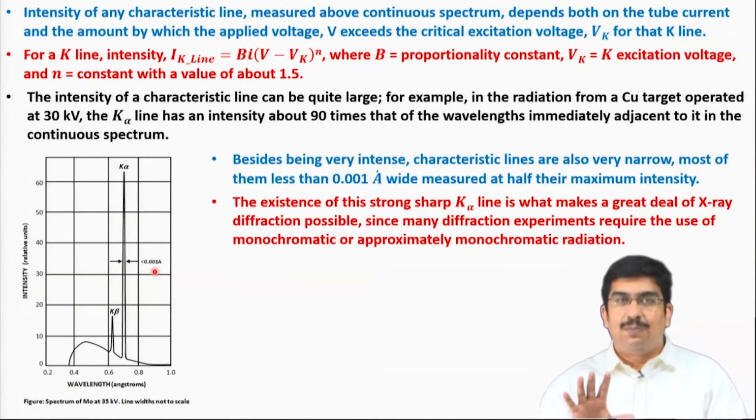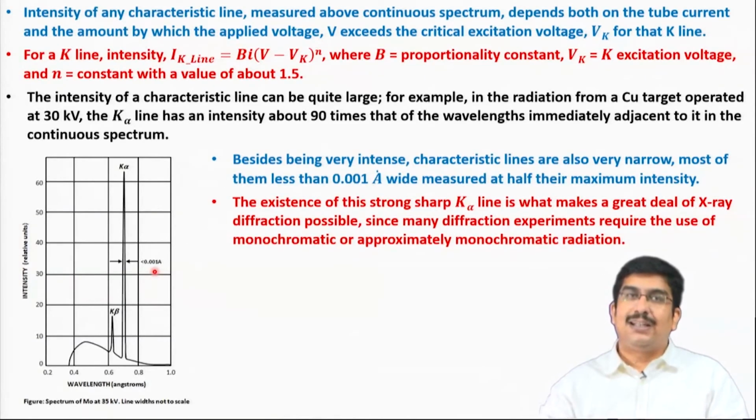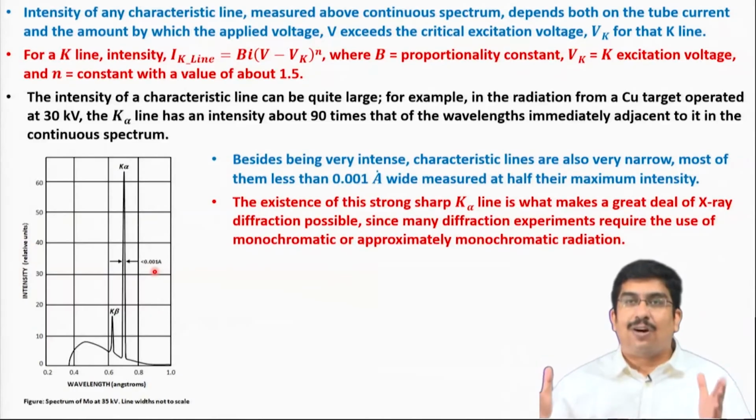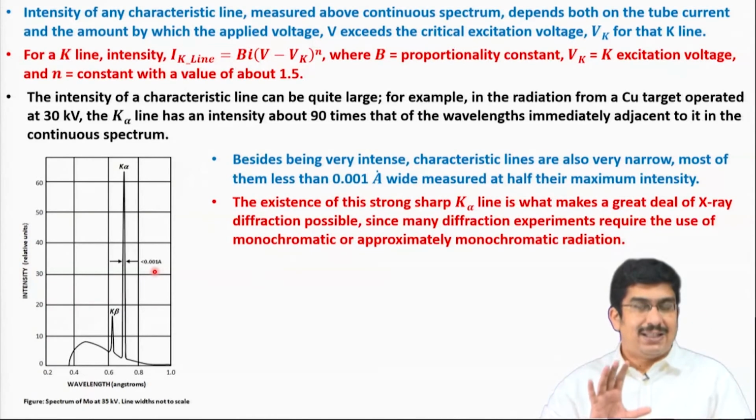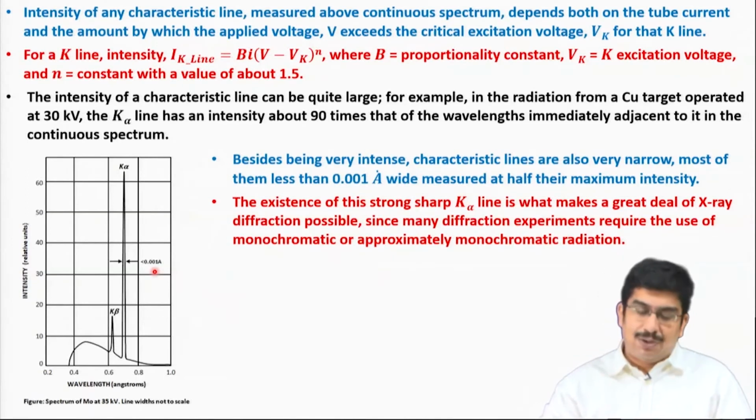We do not want the X-ray intensity to go down because of this diffraction phenomenon, which is an important part of X-ray absorption. So, we do not want diffraction to happen and the X-ray intensity to be reduced because of that effect. That is why we want as broad an X-ray wavelength range as possible, and we use this white radiation there. We will come to that when we discuss X-ray absorption.